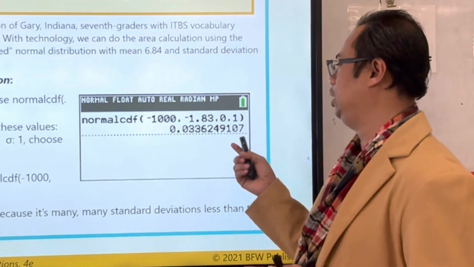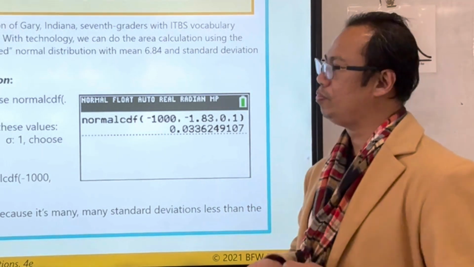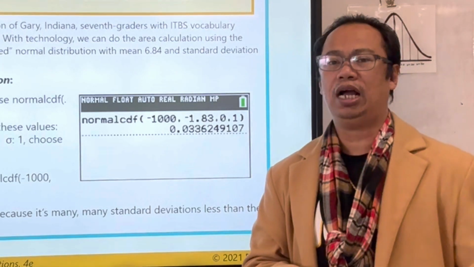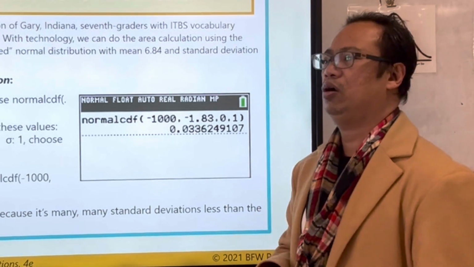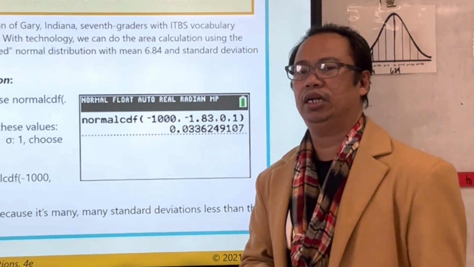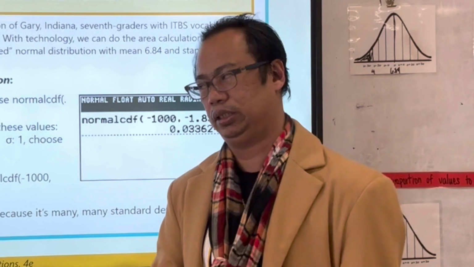So the answer is still 3.36. Whether you use the calculator, the applets, or the table, they are all the same. But of course, there is still some very minimal difference.